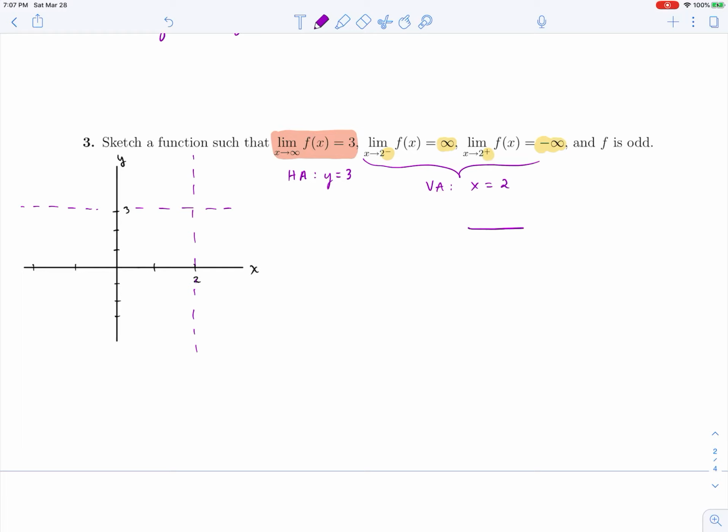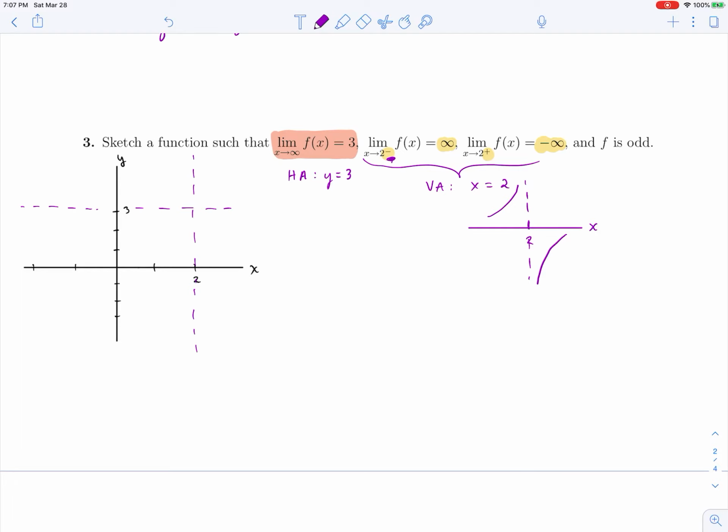If we're just looking at the x-axis, and here's x being 2, if the limit is coming from the negative direction, then we're going to positive infinity, so we're approaching positive infinity on this side. And if we're approaching from the positive x direction, then the y values are approaching negative infinity on that asymptote.